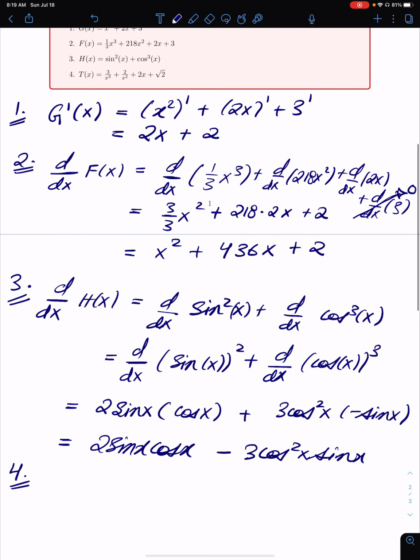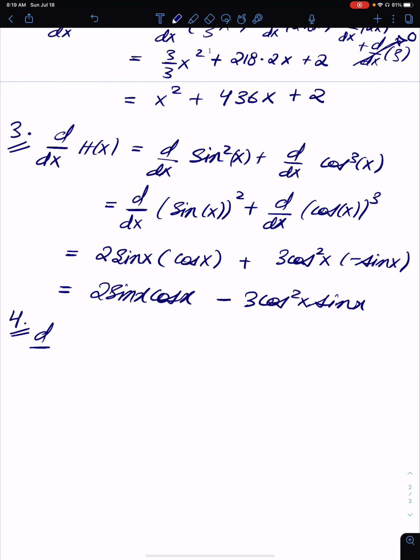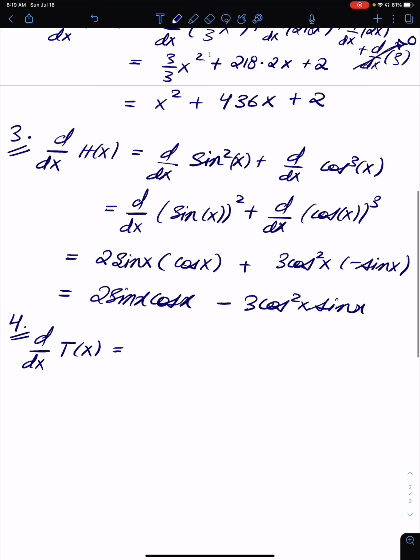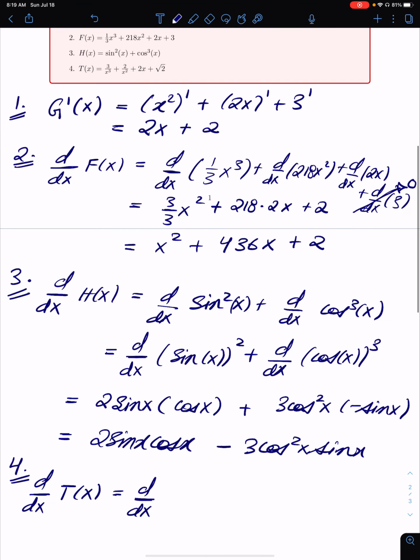And the last one is the derivative of t of x. And again, the rule, self-explanatory.